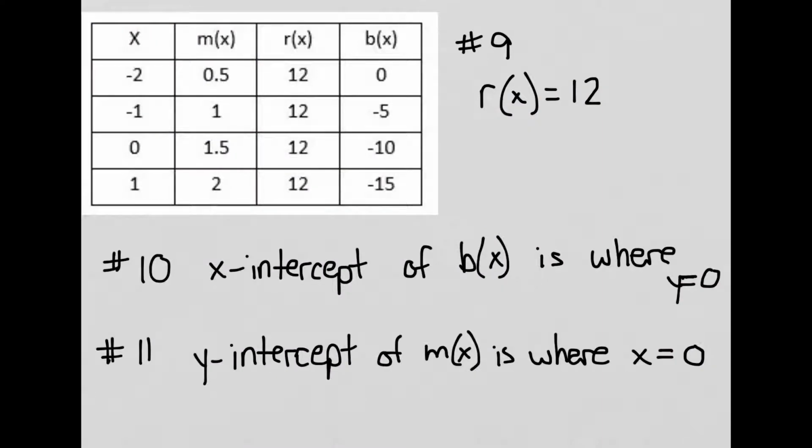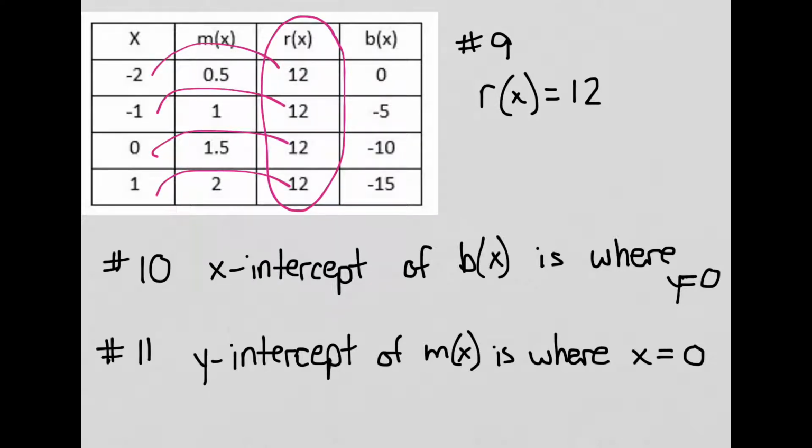Let's do this again without having the tables individual. We're just going to use the big table here. And it says, find X if R of X is 12. Well, all of these say 12. What is X? Could have been that, or that.